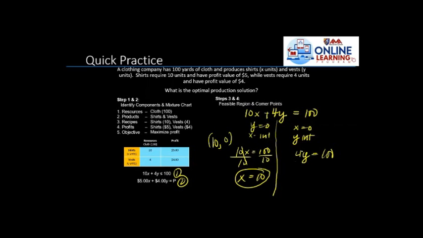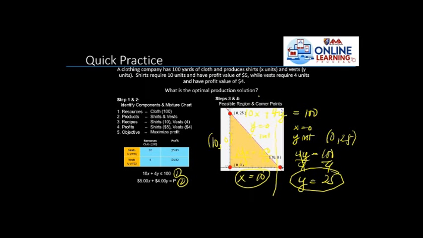So, divide both sides by 4. Y natin is 25. So, yung ordered pair natin dito is 0, 25. Then, plot natin. Okay? Yun. So, yung 0, 25 and 10, 0.